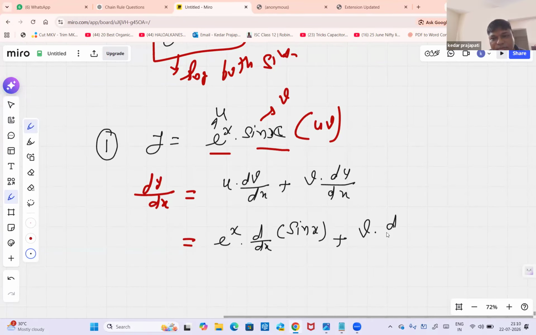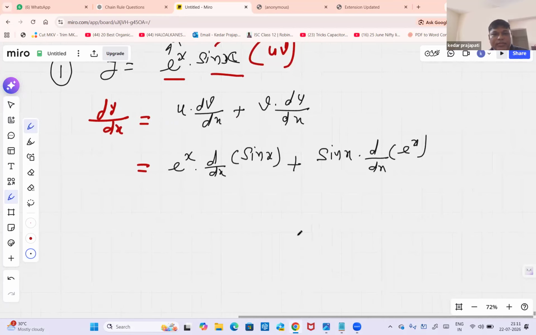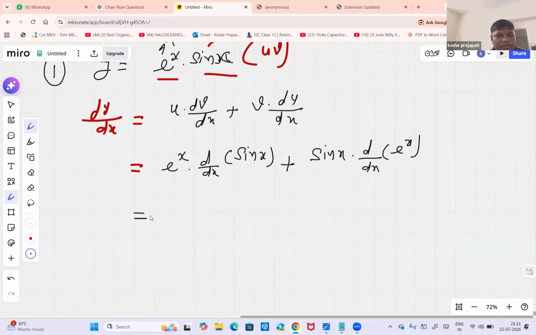Then V into d by dx of U, sin x outside, then differentiate e to power x. So e to power x, d by dx of sin x is cos x, plus sin x, e to power x, as d by dx of e to power x is e to power x.